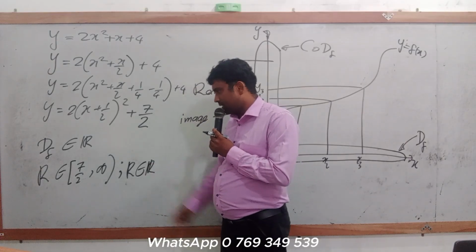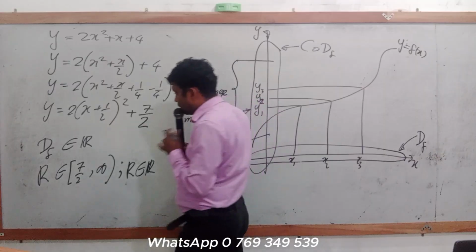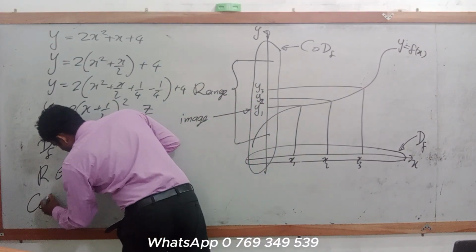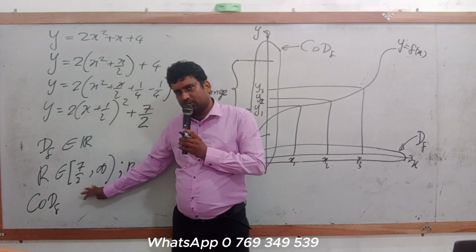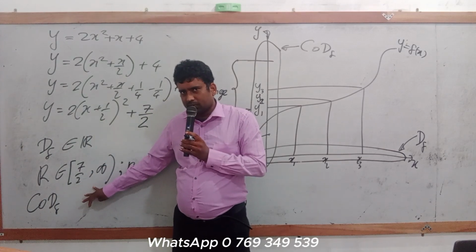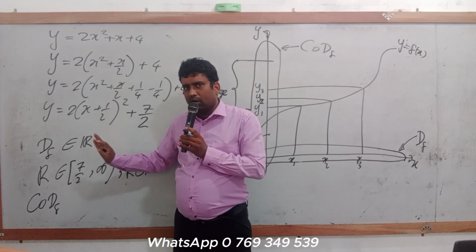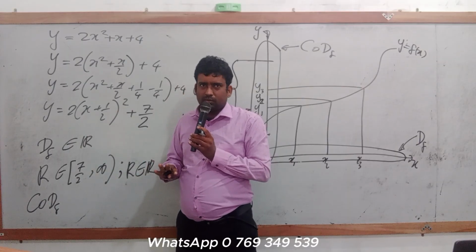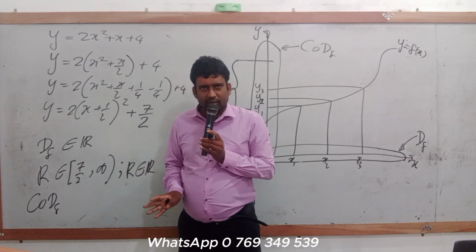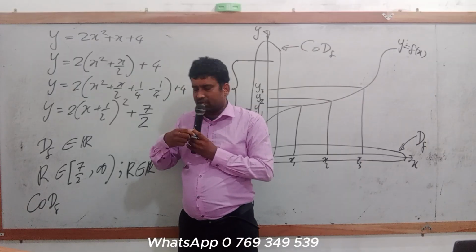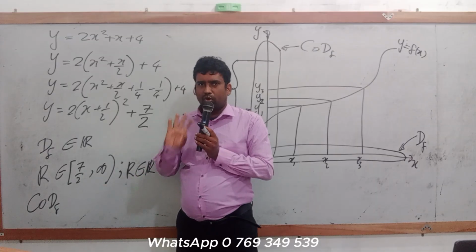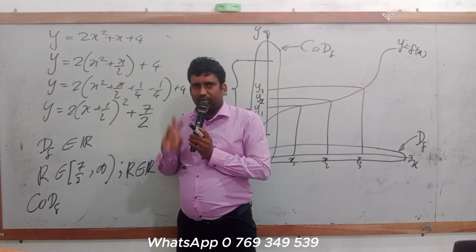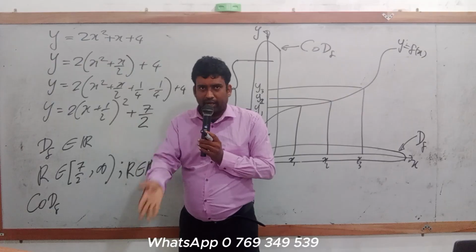And the codomain, you can say the codomain is this one, or the real numbers. Both answers are correct. Someone says this one is the codomain, no problem. Someone says R, that is also okay.